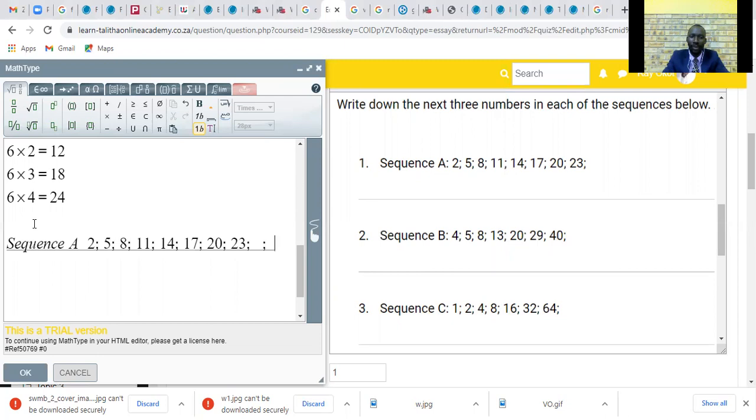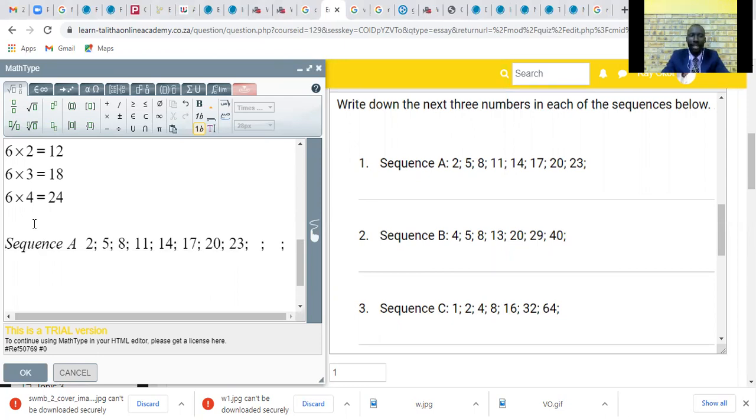Yes, the next 3 numbers. How do we find the next 3 numbers? Well, to find the next 3 numbers, we first want to find the rule which was used to find the other numbers. Now, notice the first number is 2.